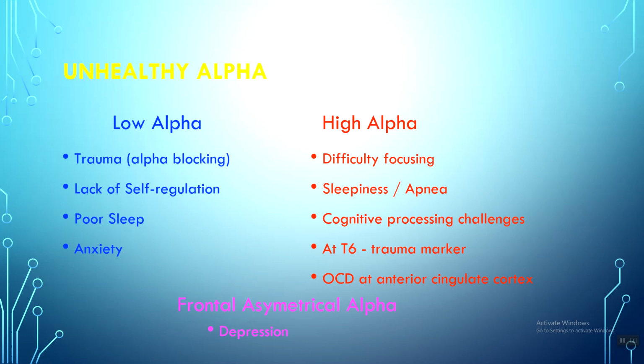Alpha is a frequency that allows for an integration. You wake up, you produce alpha. You let your brain relax, you produce alpha. It is a bridge between frequencies of thinking and cognitive processing and frequencies of being asleep and being super chill. And so alpha is a bridge that allows for individuation, integration, self-actualization.